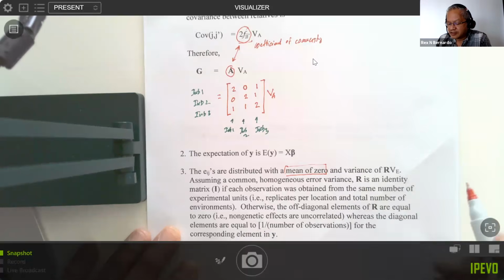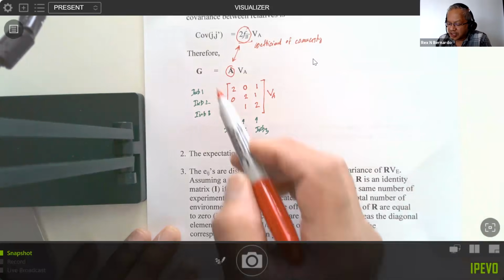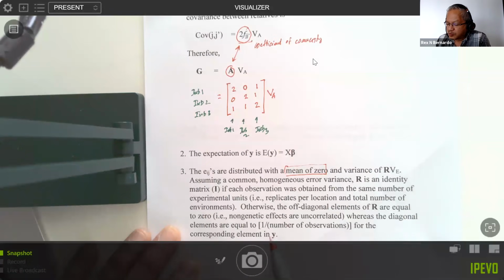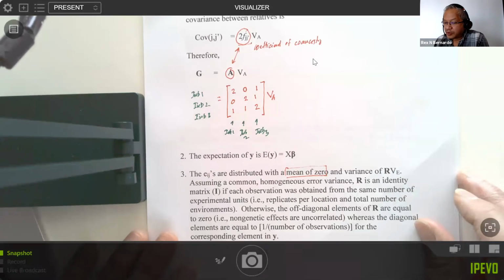And we can assume that in this case, if it's homogeneous plus each observation was obtained from 4 locations, because set 1 had 4 locations and set 2 had 4 locations. Otherwise, if set 1 had a different number of locations from set 2, then it's no longer an identity matrix, but we need to account for the difference in the number of observations that went into each element in Y. And so it becomes equal to 1 divided by the number of observations.